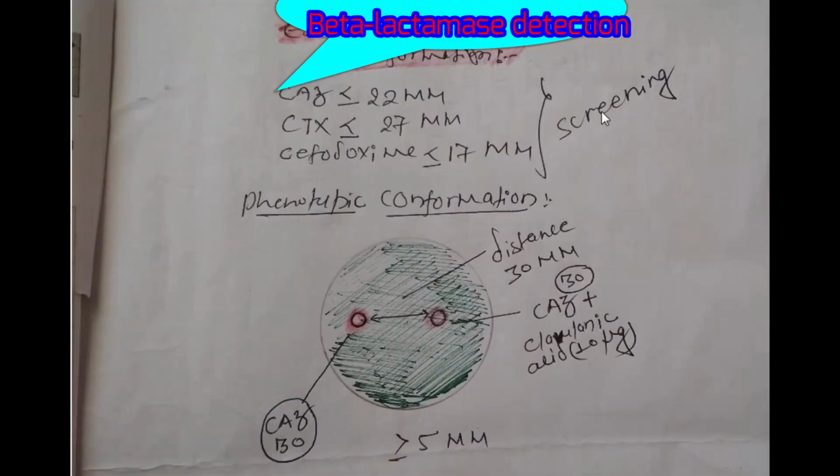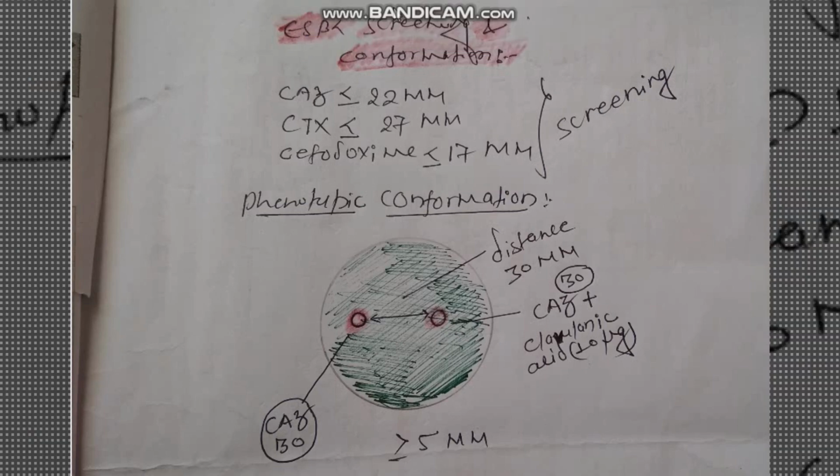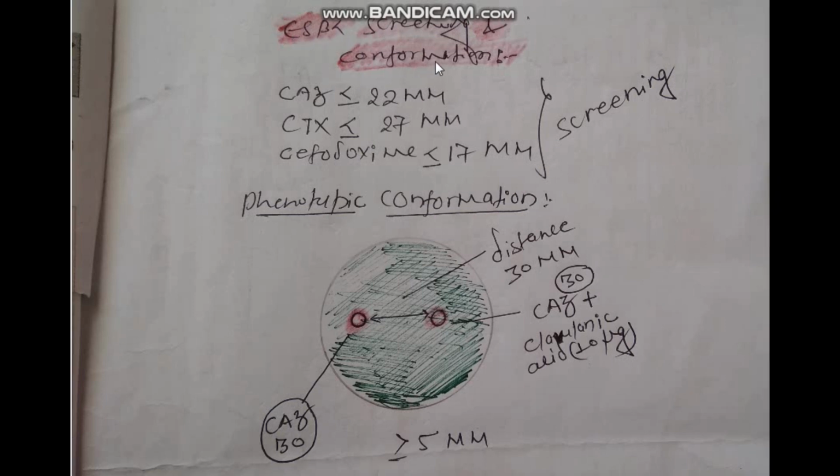Here we can see ESBL screening and confirmation. Third generation cephalosporins, that is ceftazidime, cefotaxime and cefpodoxime.